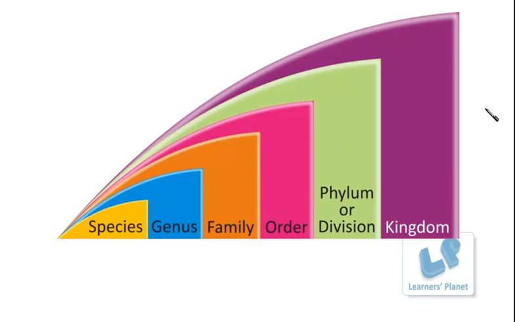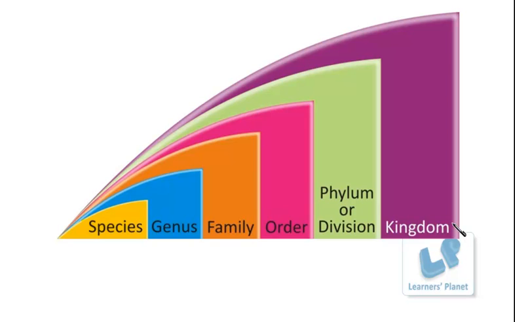See this kingdom, which is the largest block here, which is comprised of inner small segments. So the smallest segment of group is which one? It is the species. That means this species is the taxa in which the smallest number of organisms must be present. It must be comprised of a minimum number of organisms, right? Whereas the kingdom is the largest group of organisms.